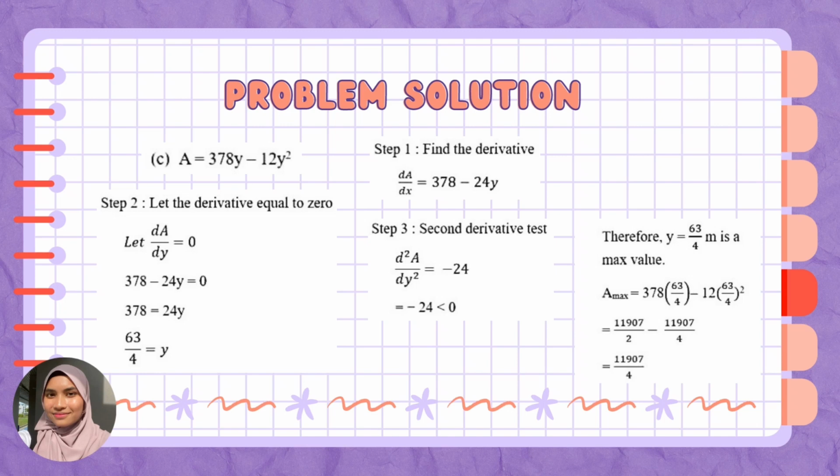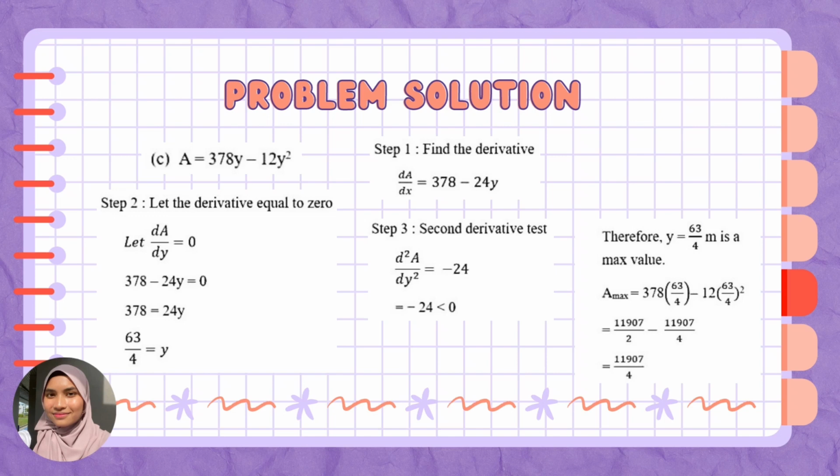The second step is to let the derivative equal to 0. Therefore, we let dA over dy equal 0, which is 378 minus 24y equals 0. And then 378 over 24 will get us y equals 63 over 4.